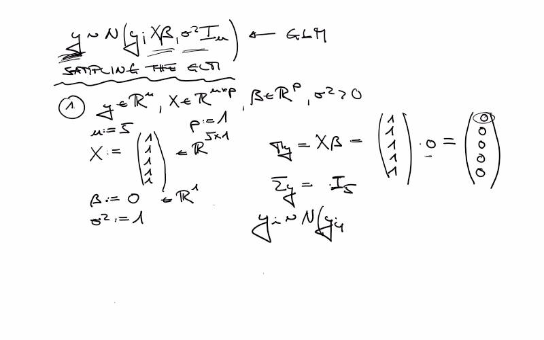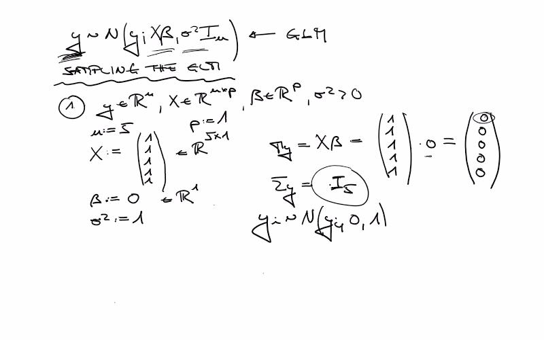The ith entry is 0, of course, and the variance of the individual component is given by the ith diagonal entry of the covariance matrix, and this is always 1.